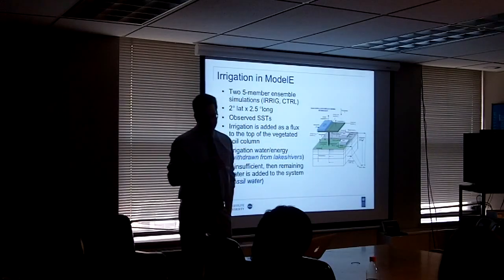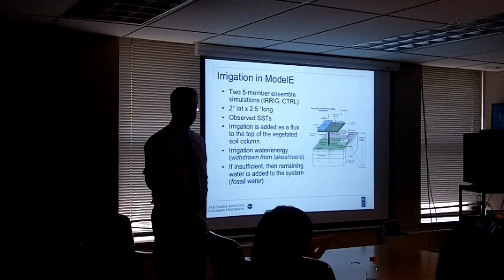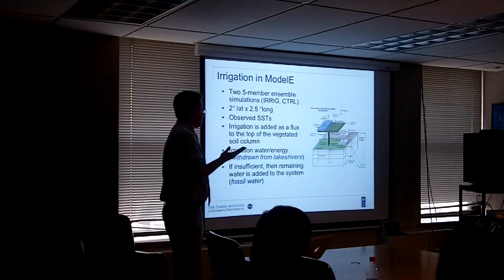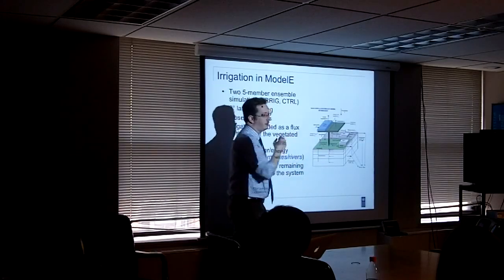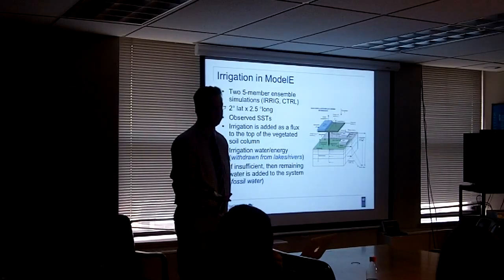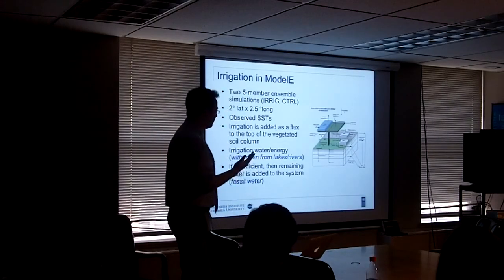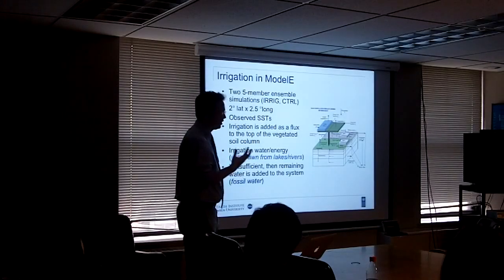We were a bit constrained here. We didn't have a separate soil column for the irrigated agriculture. We made a simplification where we ended up applying the irrigated water over the entire vegetated portion of the soil column. I'll discuss the implications of that when we get to our results in a bit.